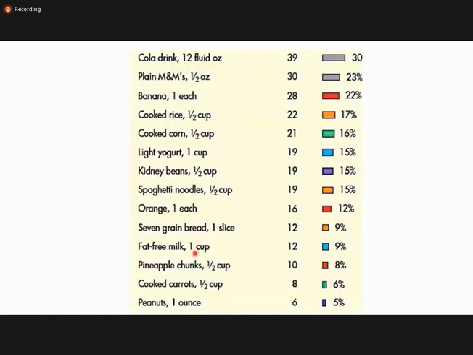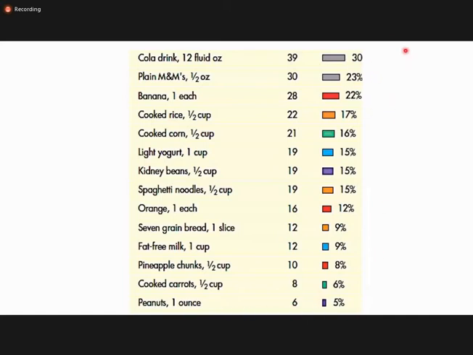Let's suppose if we drink a cola, it can contribute approximately 30% of the carbohydrate. M&M's 23%, banana can contribute 22%, yogurt can contribute 15%, then it goes down to the carrot approximately 6%, peanuts 5%.